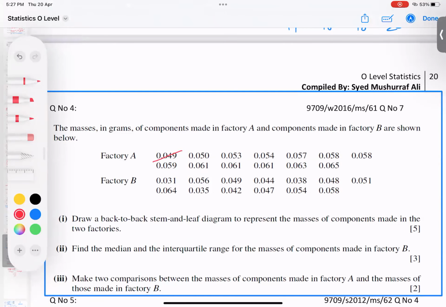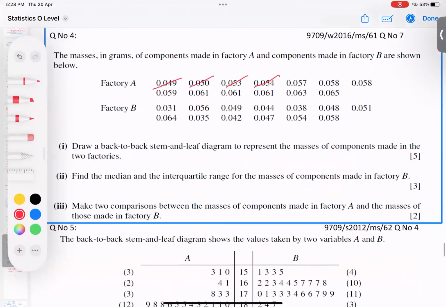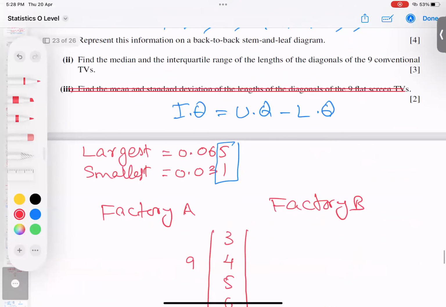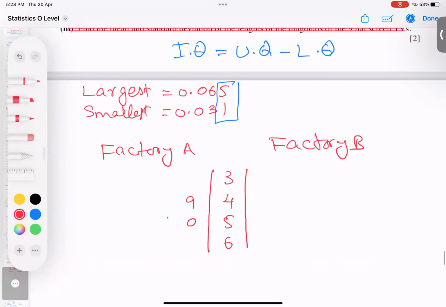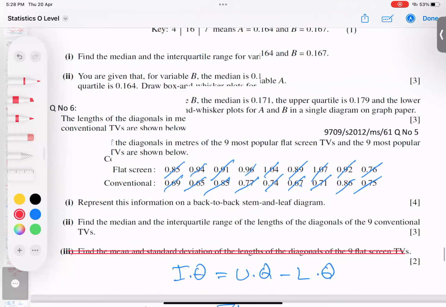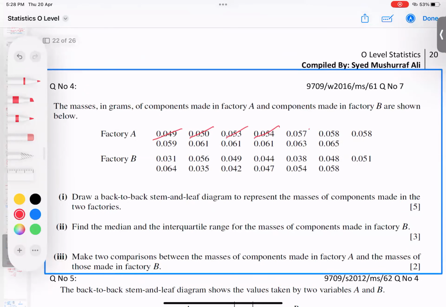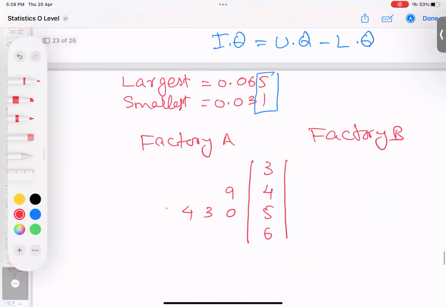Then with the 4, no number left behind: 50, 53, 54. So 034. Now I'm writing 7, 8, 8, 7, 8, 8, 9, 7, 8, 8, 9.